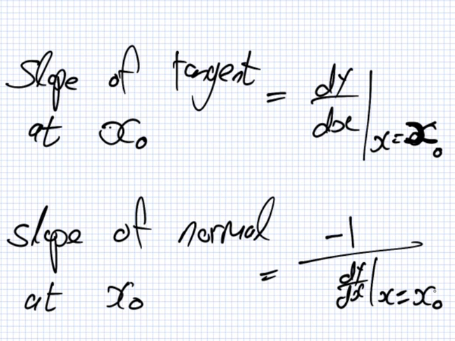So for example, Grace, if you have this and you want this, it is minus 4 over 3. So if this was e, then this one here is minus 1 over e, because it is perpendicular.